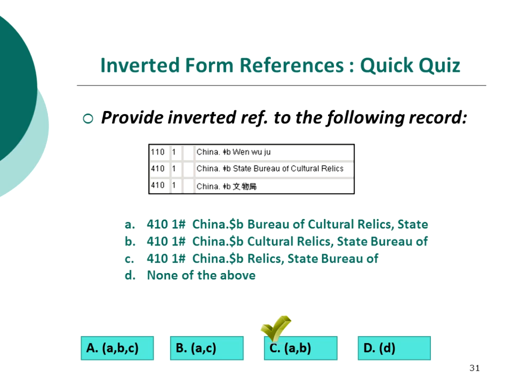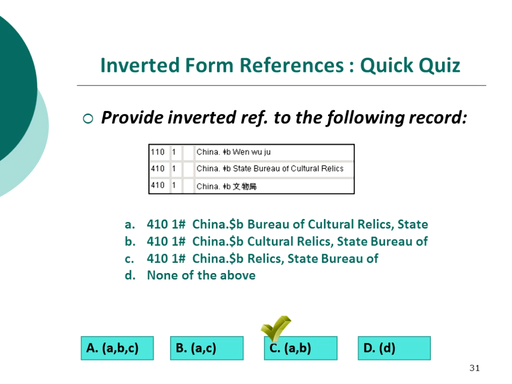Now let's look at why the second one is also correct. Cultural relics. Are they subject words? Are they the keywords for this corporate body? Yes, I say yes. So the cataloger decided to give a cross-reference from the keyword of an English form.